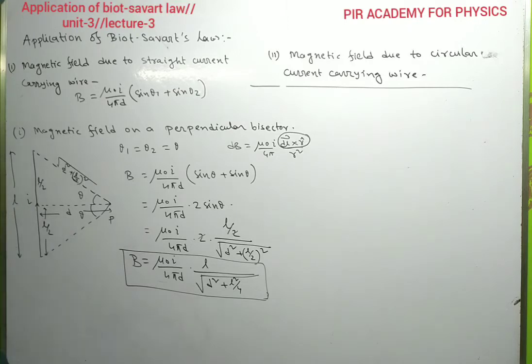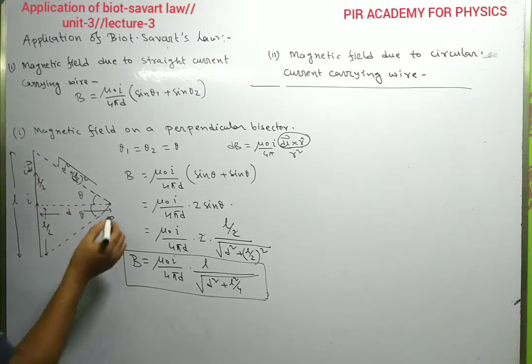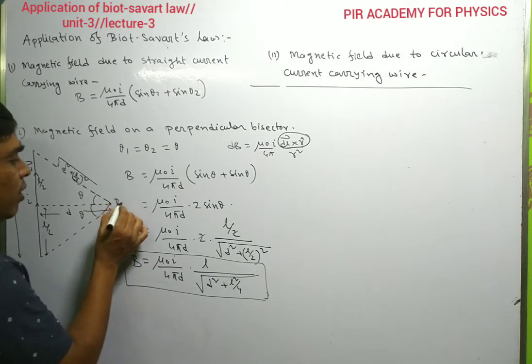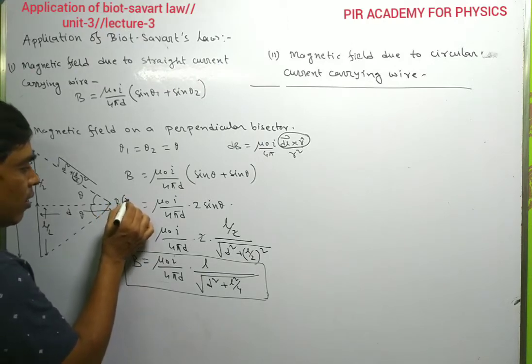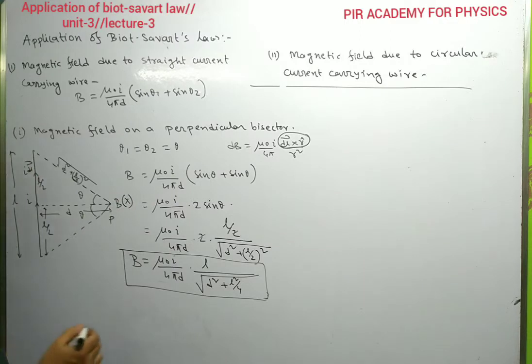So suppose this is the direction of the current element. So this is the direction of dl. So this is the direction of distance. So dl cross r is into this plane, that means the magnetic field will be inward.